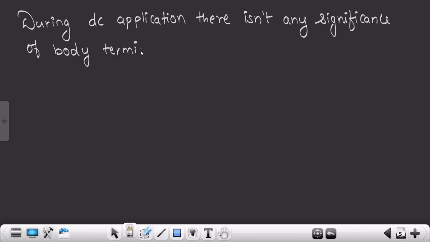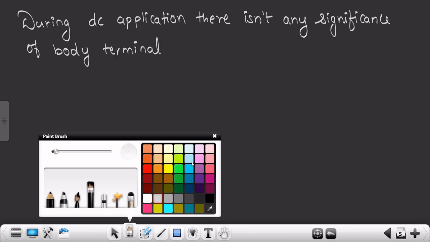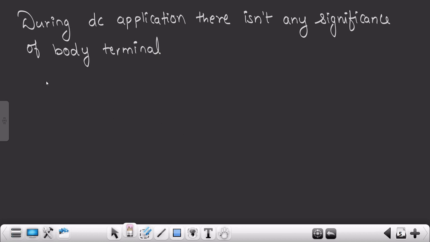At that time, during DC application, we can keep that body terminal open, or we can ground it. It doesn't matter to us, right? So this is the most important point we should remember.